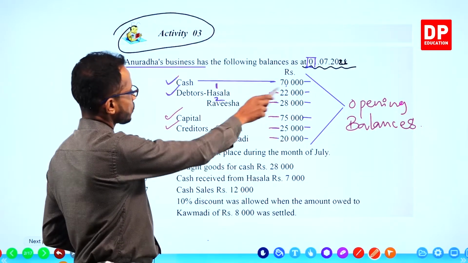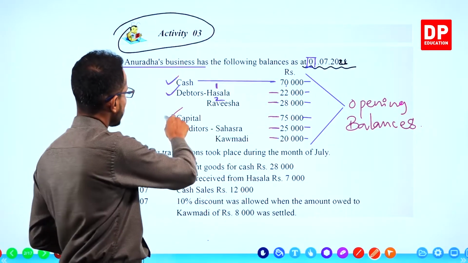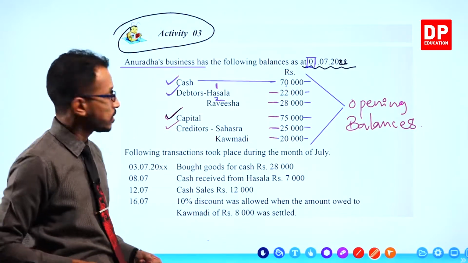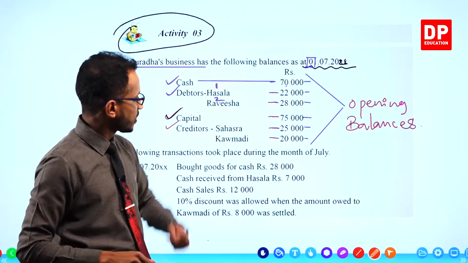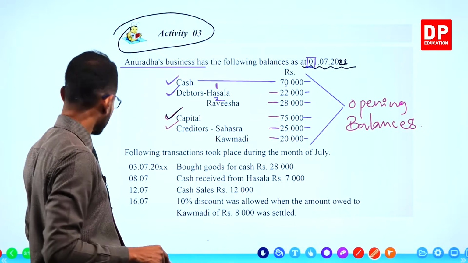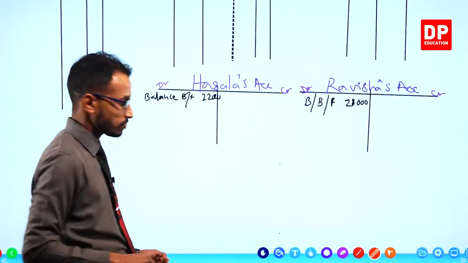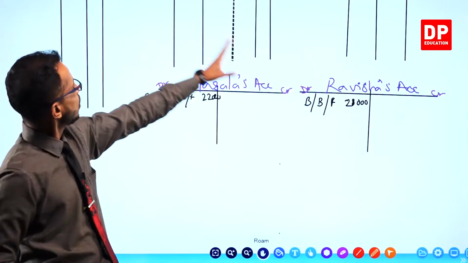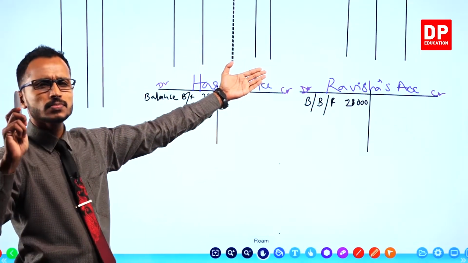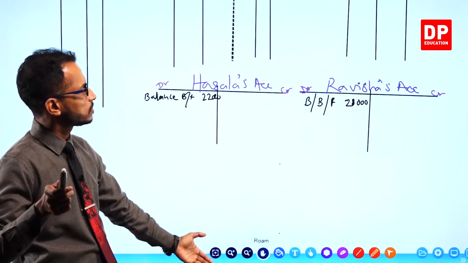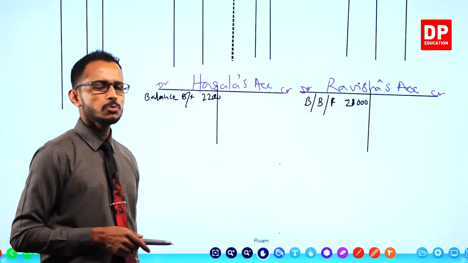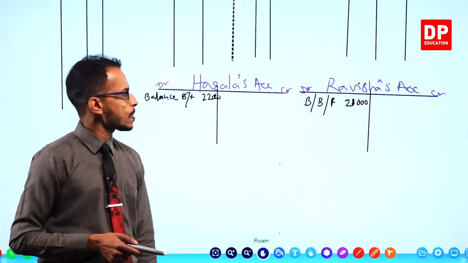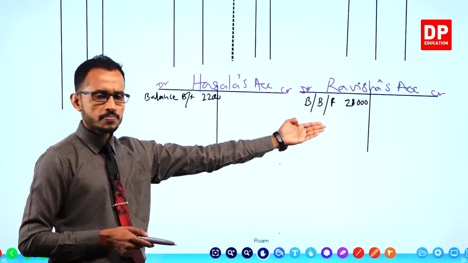Now we are moving to the next account, which is the capital account. The capital account has a balance of 75,000. Let's draw that. We have the cash book on top, and underneath the cash book you should draw the relevant ledger accounts like I have drawn here.